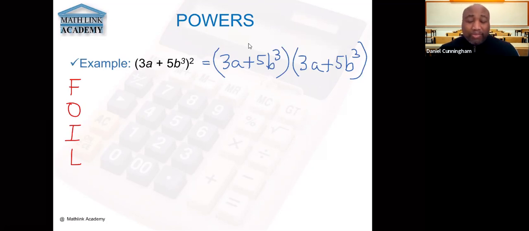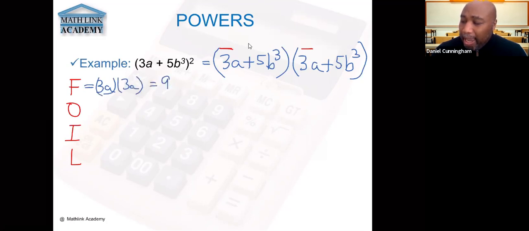In this problem, you do the FOIL method. Our first would be the 3a and the 3a. So this would be 3a times 3a, which is equal to 9a squared.